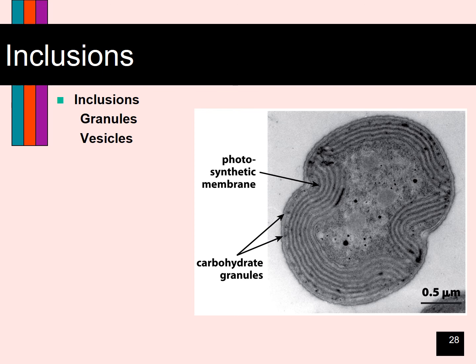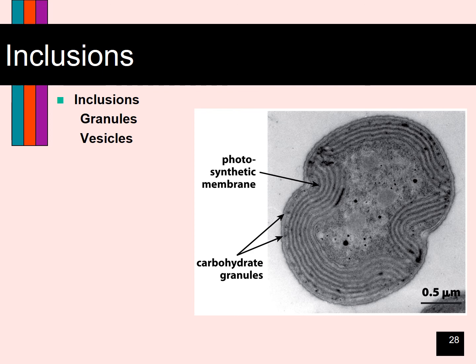There are also vesicles, and vesicles are membrane enclosed, but again, they would have some type of nutrient inside of them. So for the carbohydrate granules that we can see in this figure, the cell is storing carbohydrates.